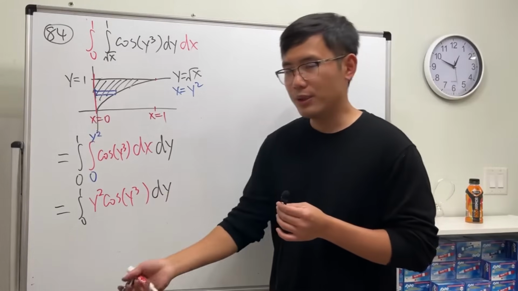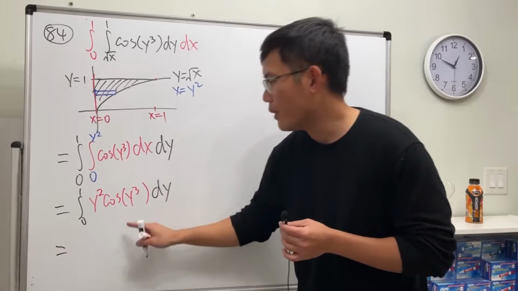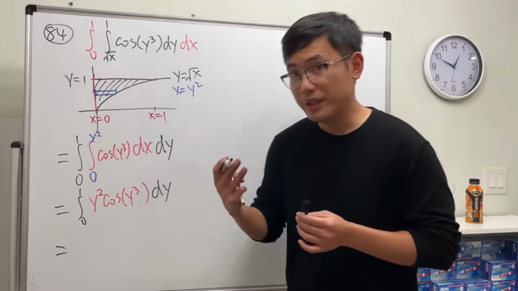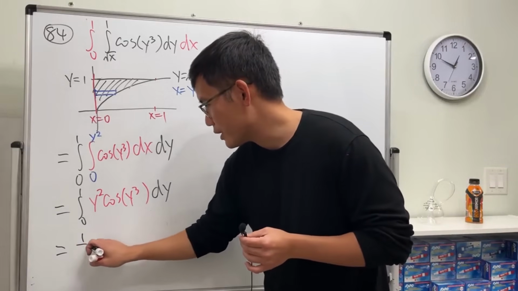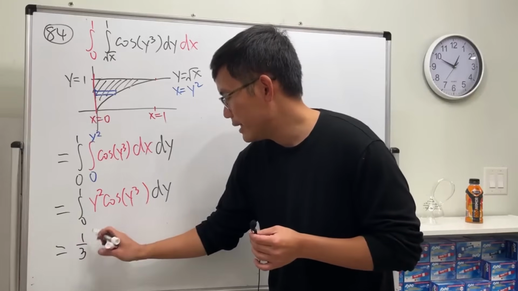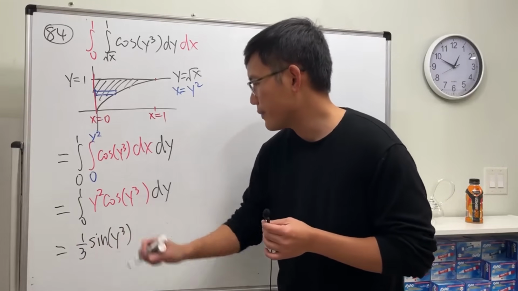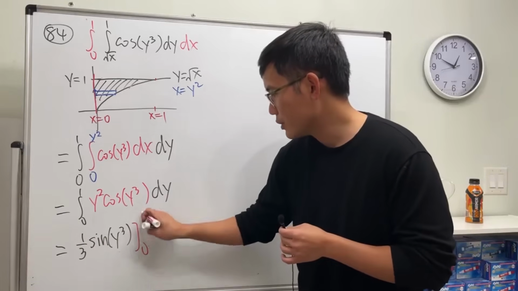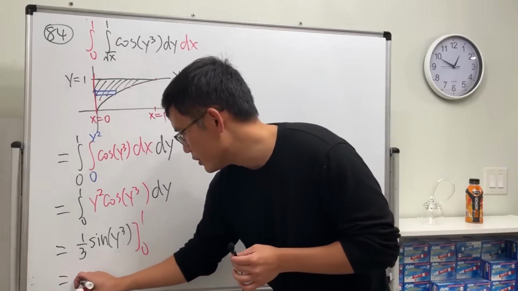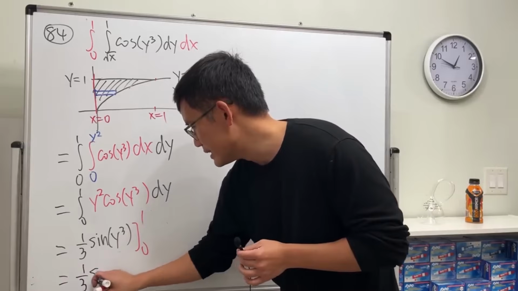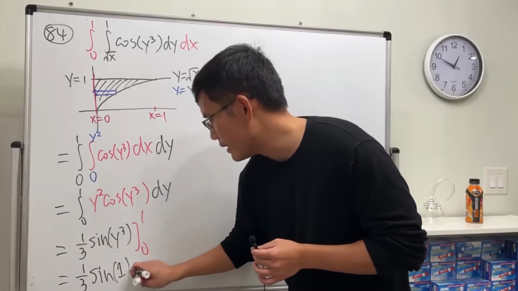Now, for this, let's just do a u sub. Let u equal y to the third power, so we need 1/3 here for the result of integration. And then the integral of this is sine, and then we have y to the third power. And then we plug in 0 to 1. So, ladies and gentlemen, 1/3 sine of 1.